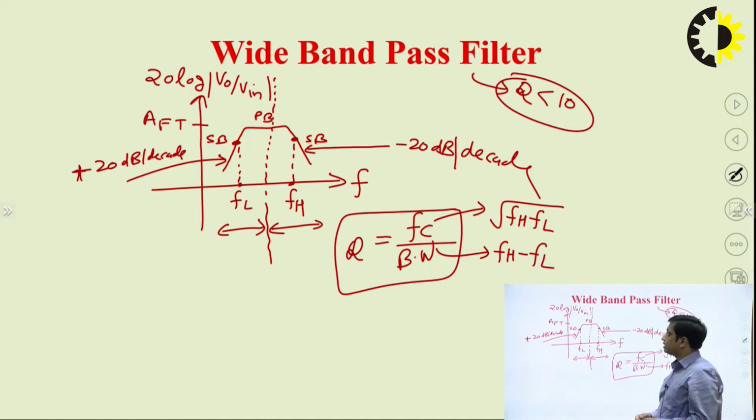Now coming to the circuit of the wide band pass filter. We can imagine how we can draw the circuit of a wide band pass filter. For that, firstly we will have to draw the first order high pass filter, then the first order low pass filter.